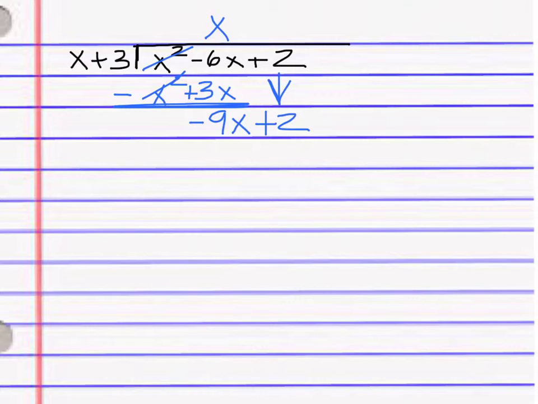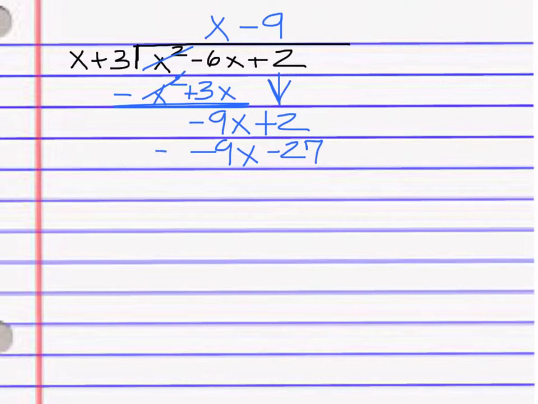So now we have to figure out what we multiply x by to get a negative 9x. Negative 9. So you're going to put that here at the top. And now go back and multiply the negative 9 by this and this. So negative 9 times x, negative 9 times 3. Negative 9 times x is negative 9x, and negative 9 times 3 is a negative 27.